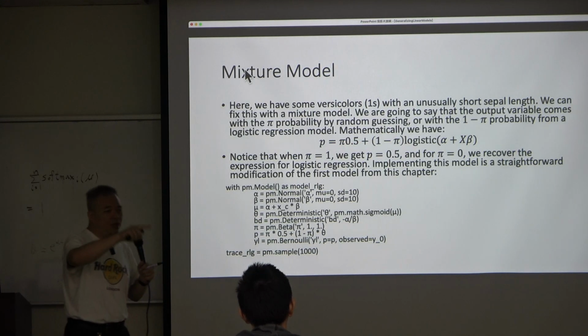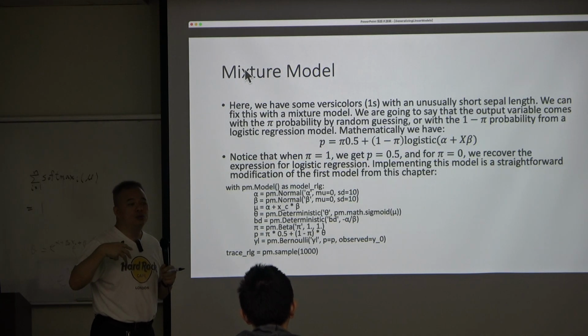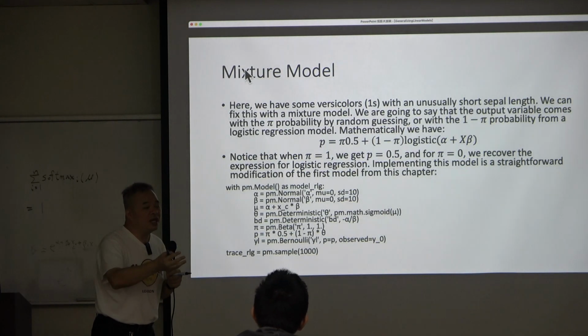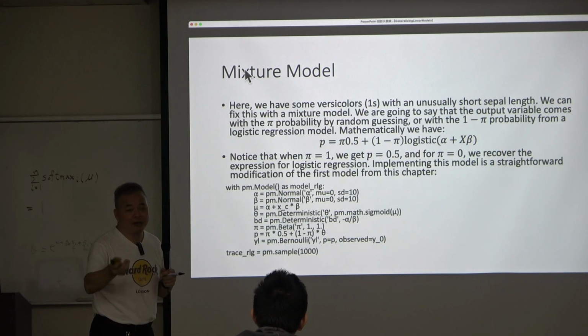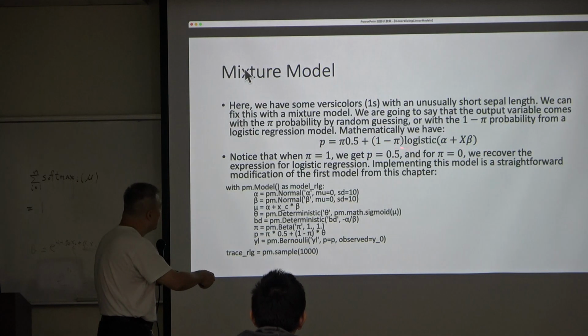We have a probability pi to do the random guess. Because for a random guess the probability is 0.5, you just put the 0.5 directly here. And for 1 minus pi, we are going to do the logistic regression.